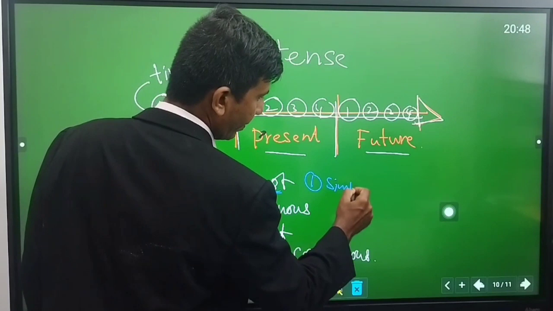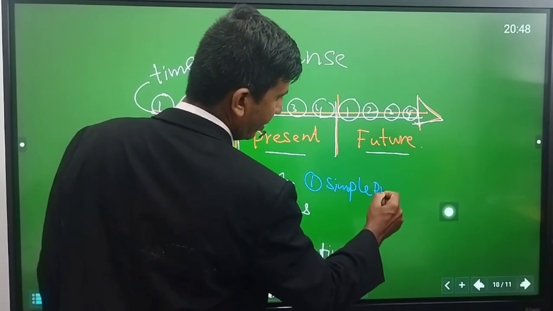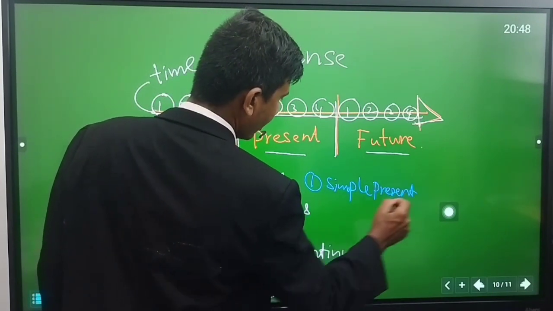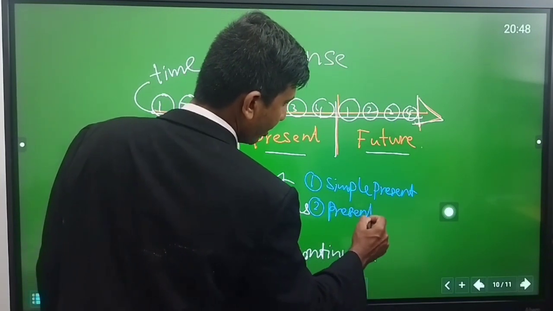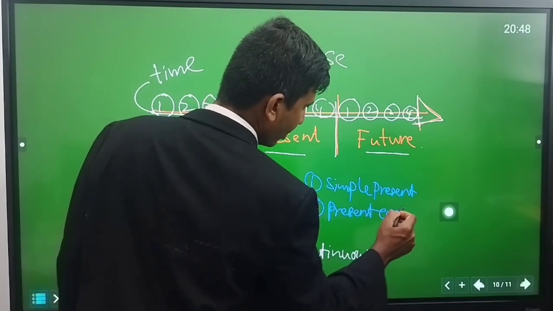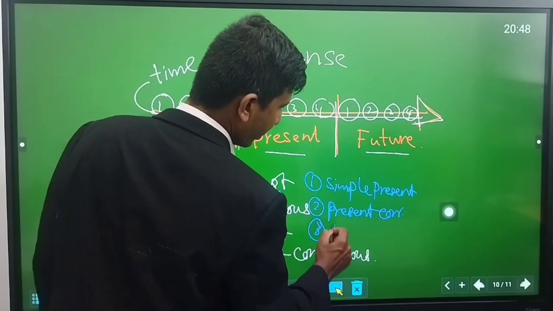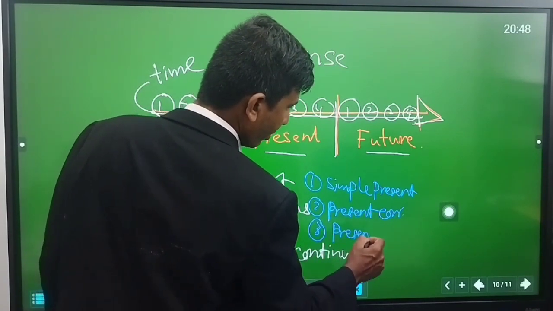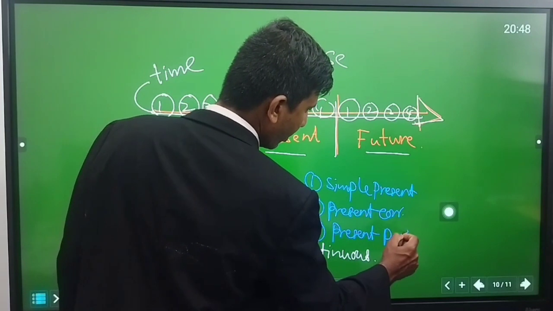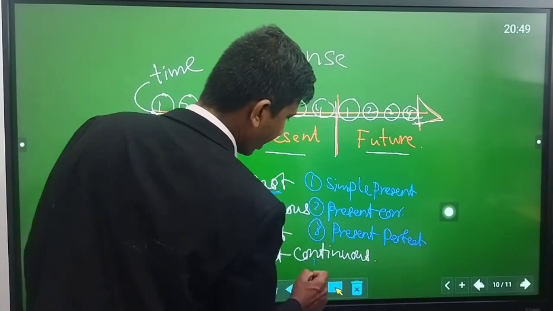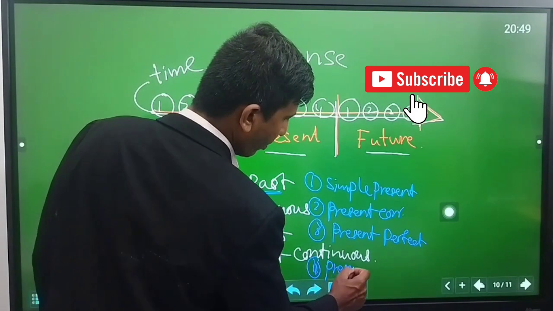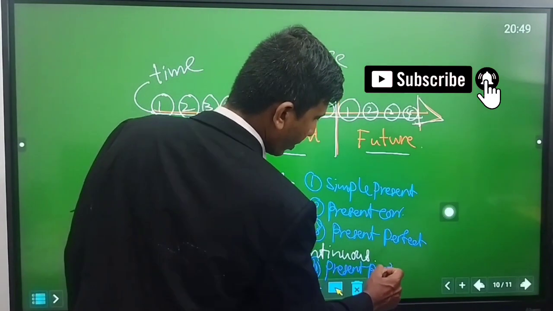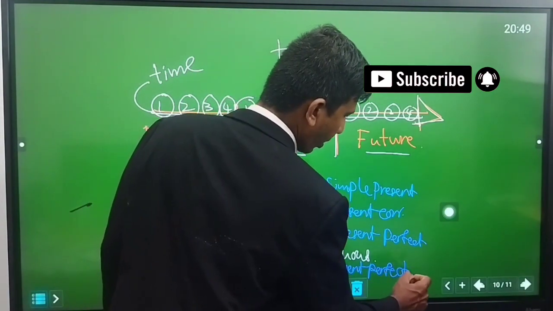Simple present. Second one is present continuous. Third one is present perfect. Fourth one is present perfect continuous.